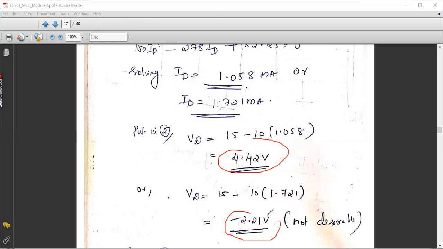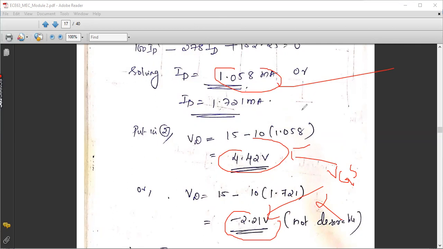If drain voltage is negative, that will also reflect to the gate also, because the drain voltage is the same as that of VGS. So since this is an N MOSFET, VGS should be highly positive. So this possibility is discarded and we will take only 4.42.